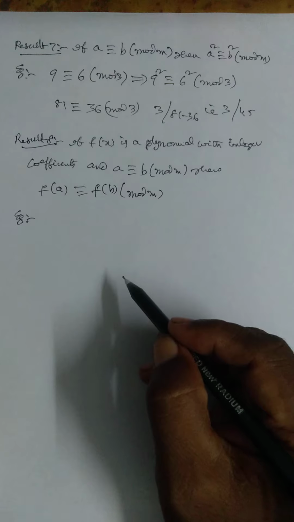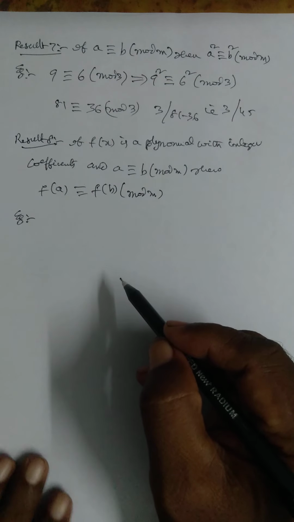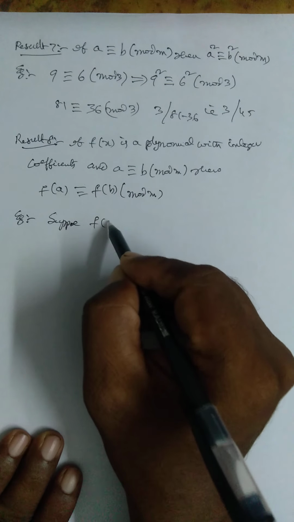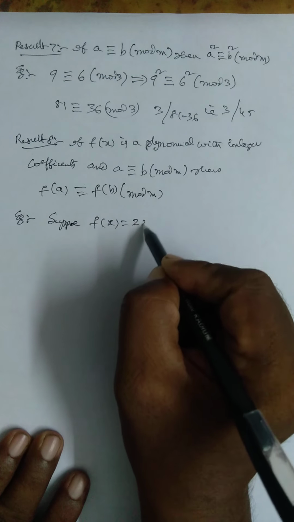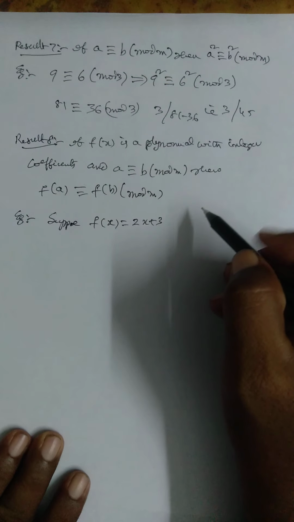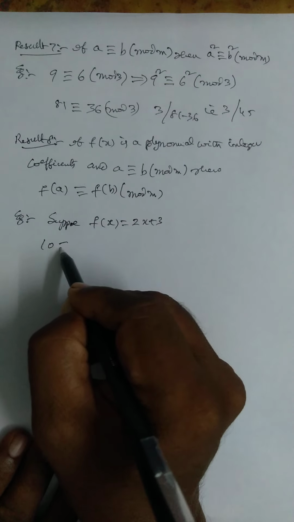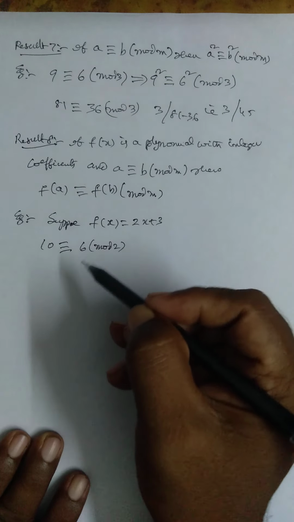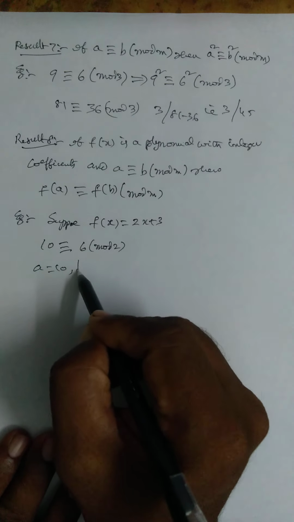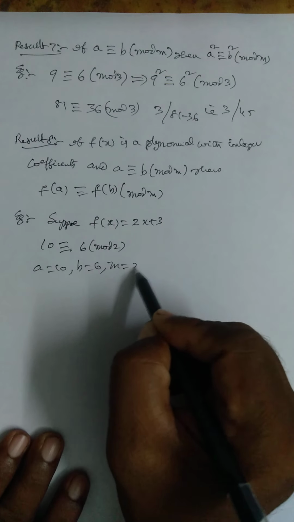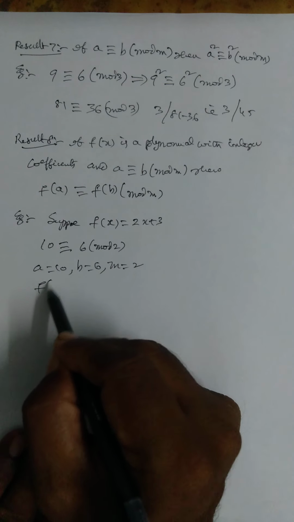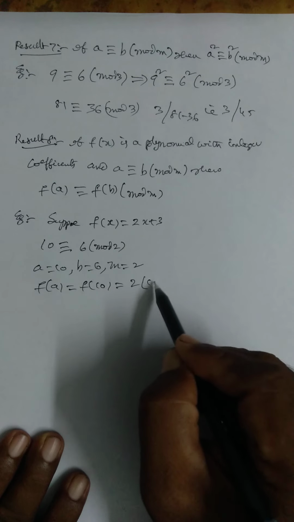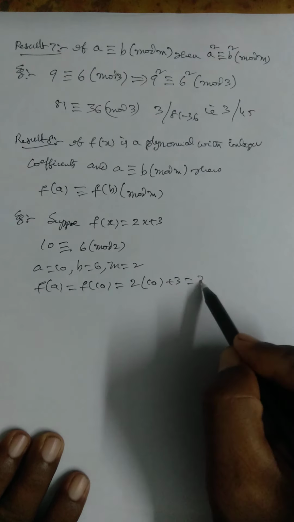Example: suppose f of x is equal to 2x plus 3. 10 is congruent to 6 mod 2. So a is 10, b is 6, m is 2 here. What is f of a? f of 10 is 2 into 10 plus 3, 23.